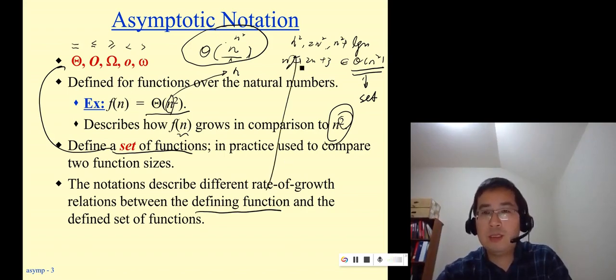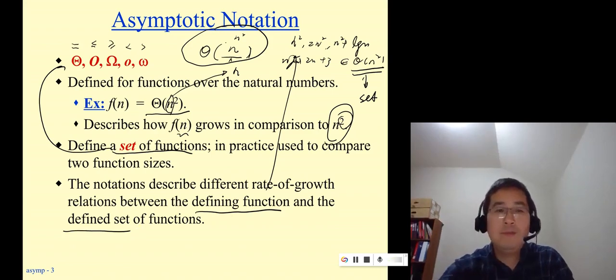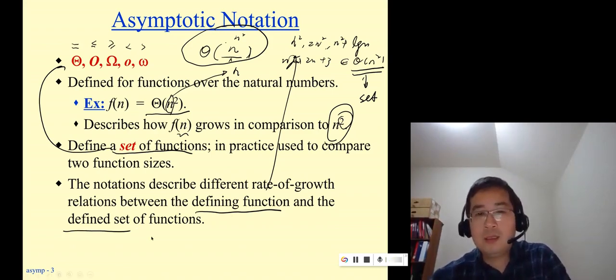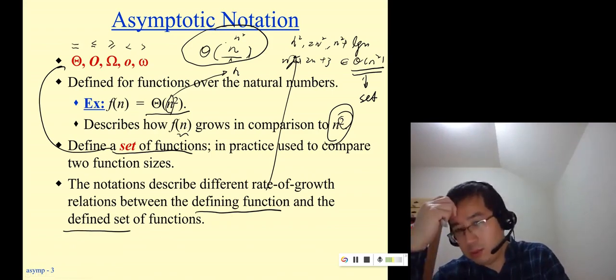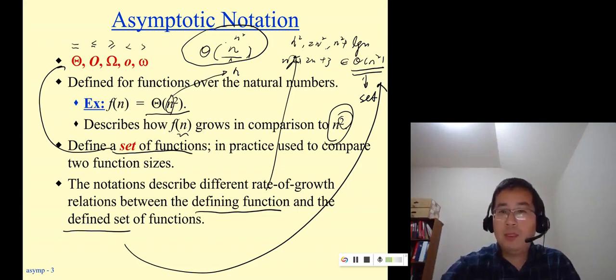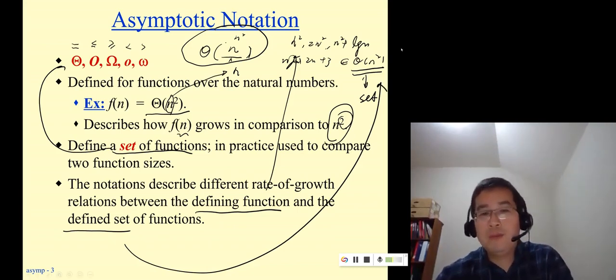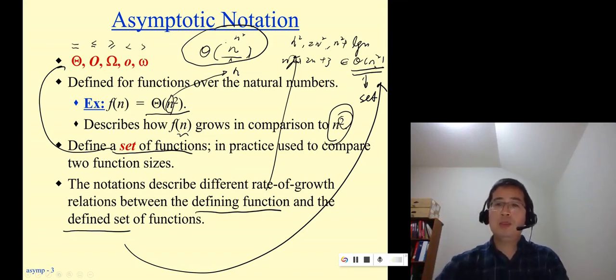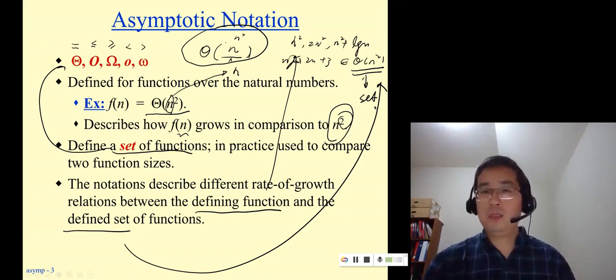And the defined set of functions, maybe you can consider this one. So that means we define a set. This is defining, we want to define this one, so just group them into a defined set. Defined set means it already exists there.